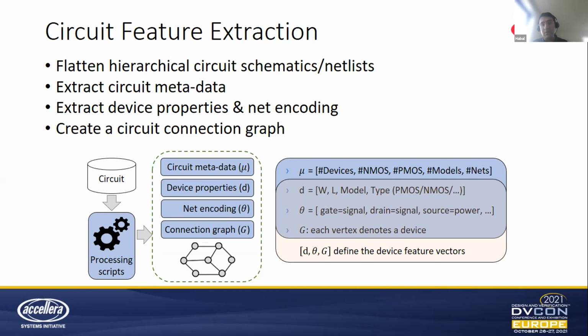And last but not least, we extract the adjacency matrix or the connectivity graph for the circuit. This means that you have the number of rows and columns equal to the number of devices in the circuit, and you have a 1 or 0, depending on if two devices are connected.